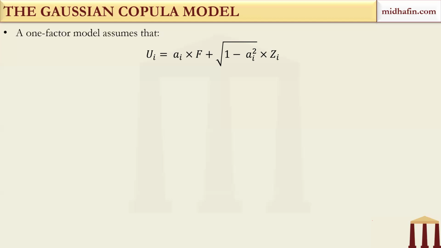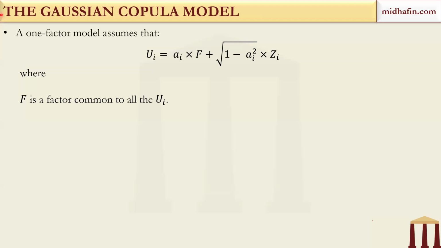The model assumes that F is a factor which is common to all the Uis. That's why you can see there is no subscript to F. It's not Fi or Fj, it's just F.